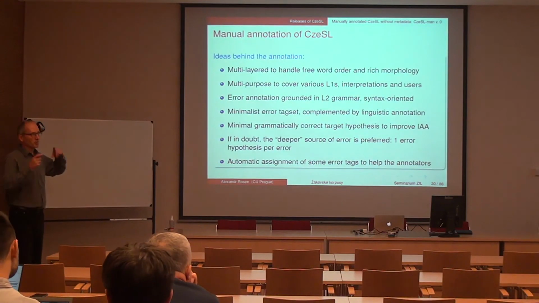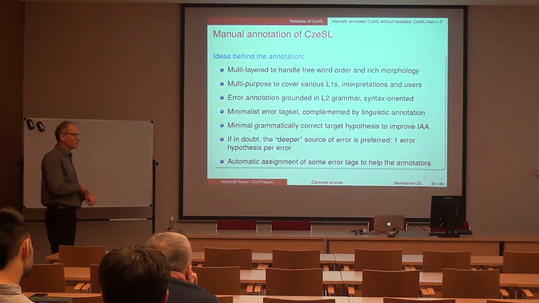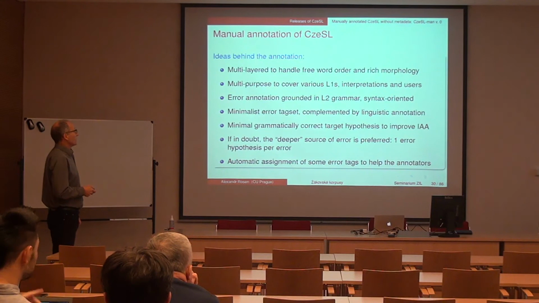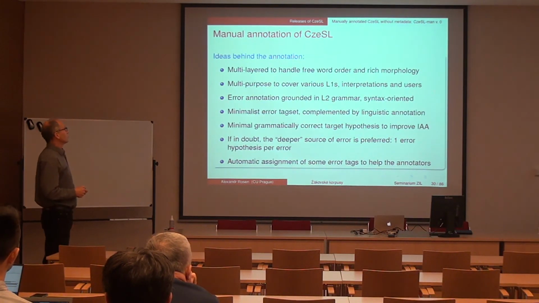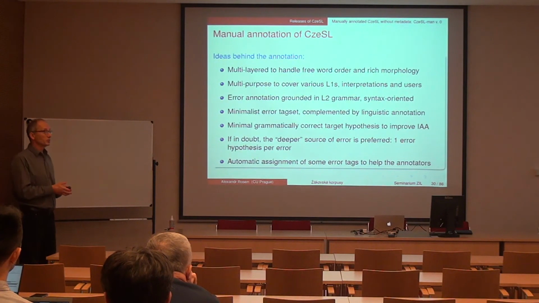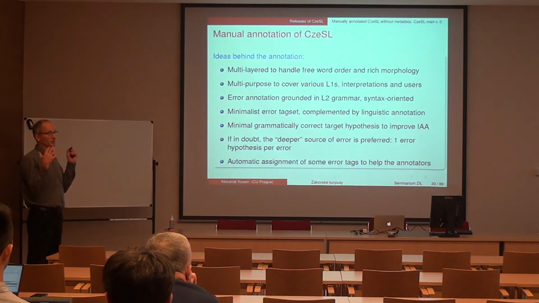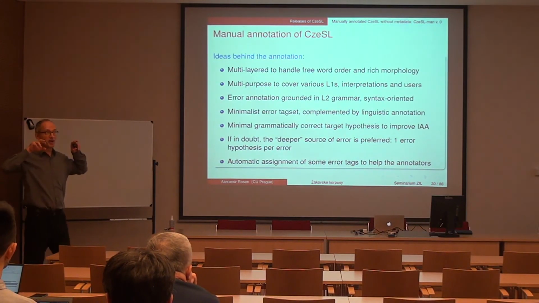Now I have to talk a bit about this multi-layered system where you have parallel versions. So the idea was to do it based on a grammar. It should take into account those word order issues, and we opted for the most sophisticated type of error.